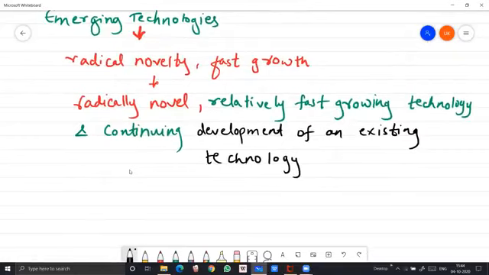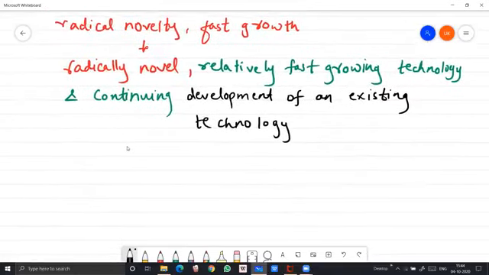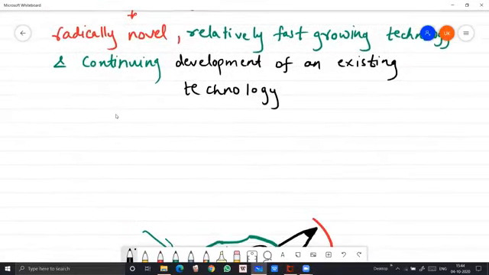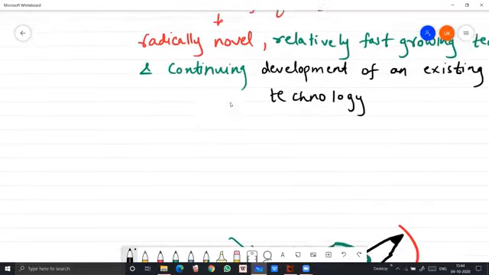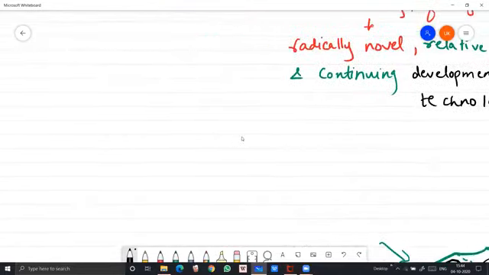Now, in this chapter, the very first topic which we have studied, students, is what? Can you tell me?